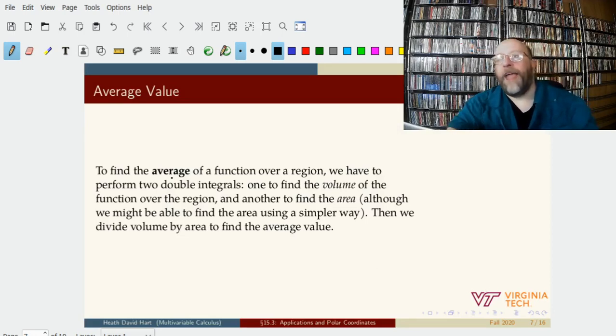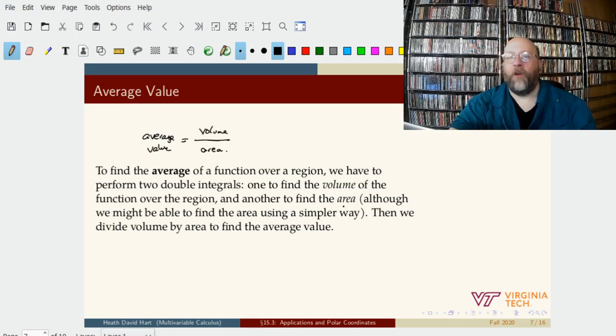To find the average value of a function over a region, we have to do 2 double integrals. The average value is equal to the volume of the region divided by the area of the region. So we have to do 2 double integrals, one to find the volume, another one to find the area, but the area sometimes doesn't require a double integral.